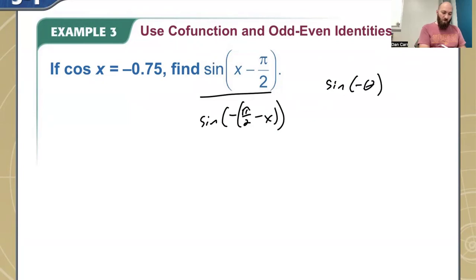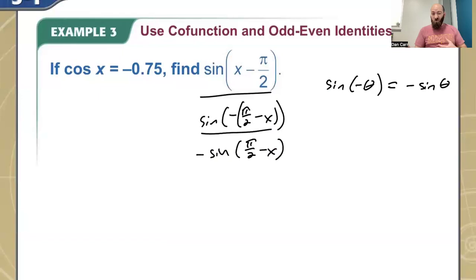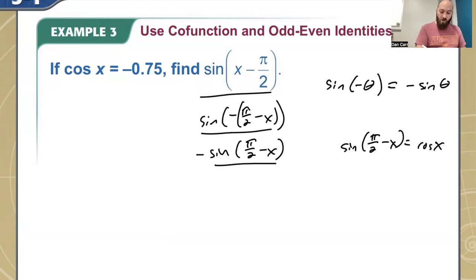By doing that, I know this is going to result in the negative sine of pi over 2 minus x. That's using the idea that the sine of negative theta is equal to negative sine theta, so I'm pulling out a negative sign here. Well, remember what this is representing. The sine of pi over 2 minus x is the same as the cosine of x.